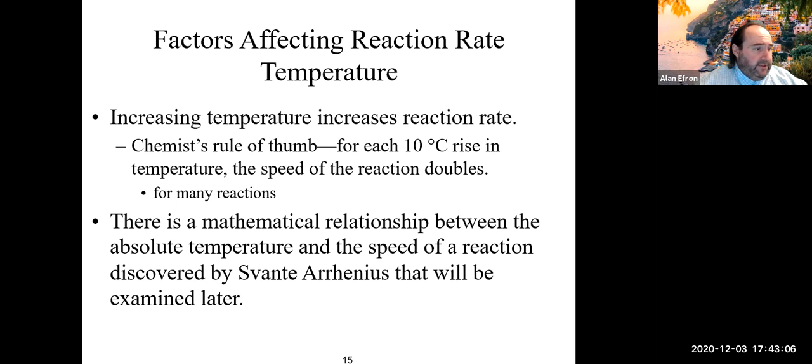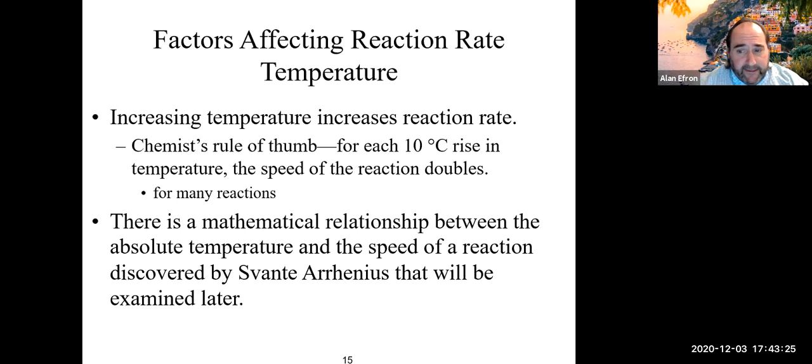When you raise temperature, pretty much everybody gains enough energy to get up and over the hill of the reaction to get to the other side, and things tend to react a lot faster. The opposite of that is if you cool down a reaction.